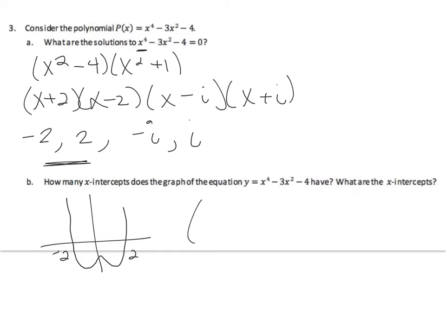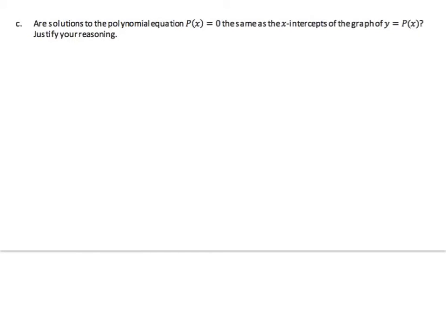So the x-intercepts are negative 2, 0, and 2, 0. Are solutions to the polynomial equation p of x equals 0 the same as the x-intercepts of the graph of y equals p of x? Well, no. The solutions were negative 2, 2, negative i, and i.